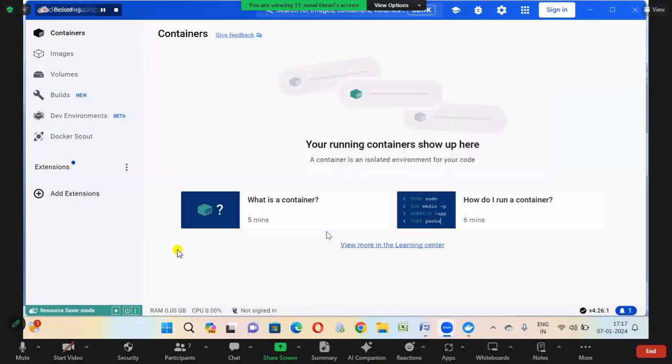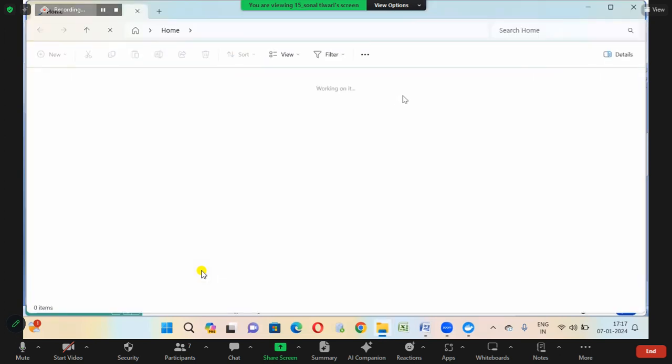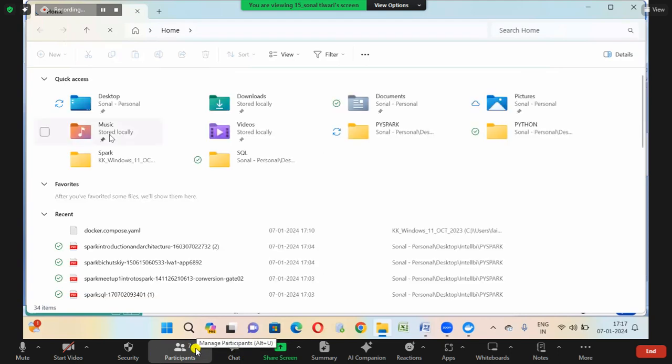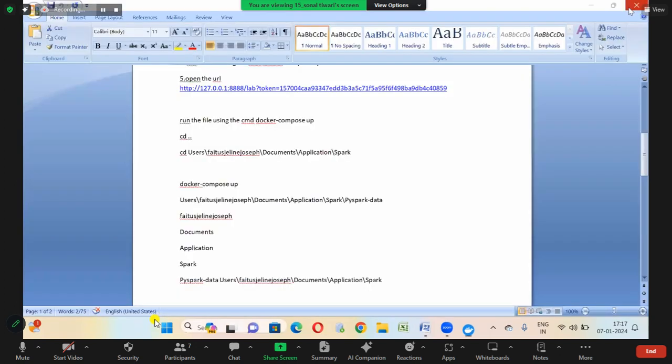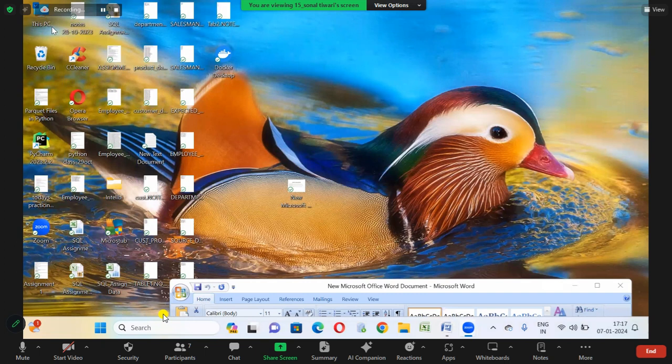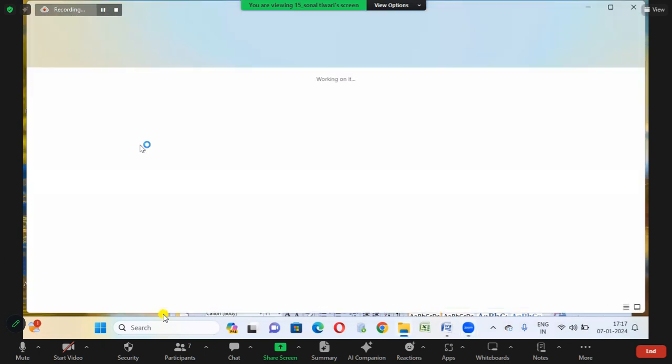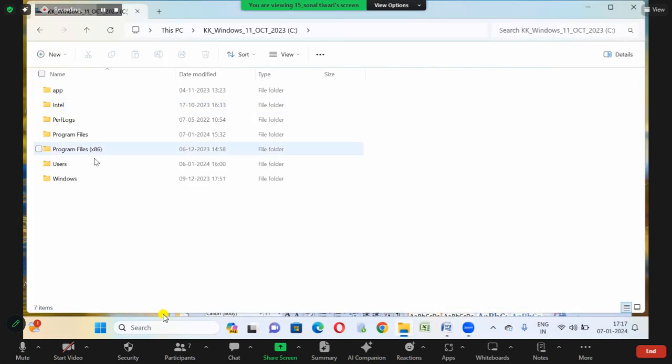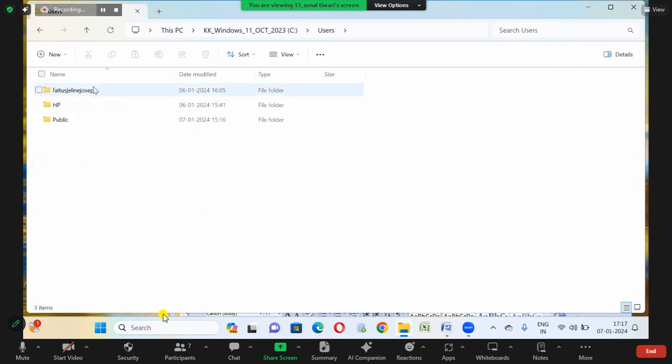Okay. Yeah, go to the folder now. So the docker compose yaml file.